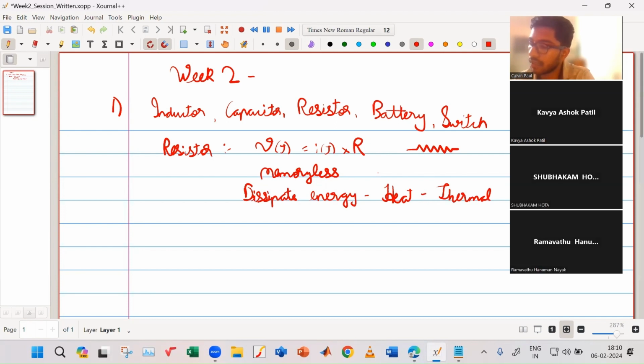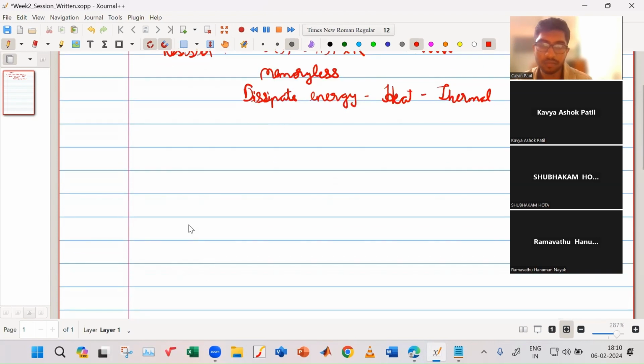Let us consider an inductor. What is the voltage and current relationship for an inductor? Sir, the inductor voltage VL equals L into di by dt.